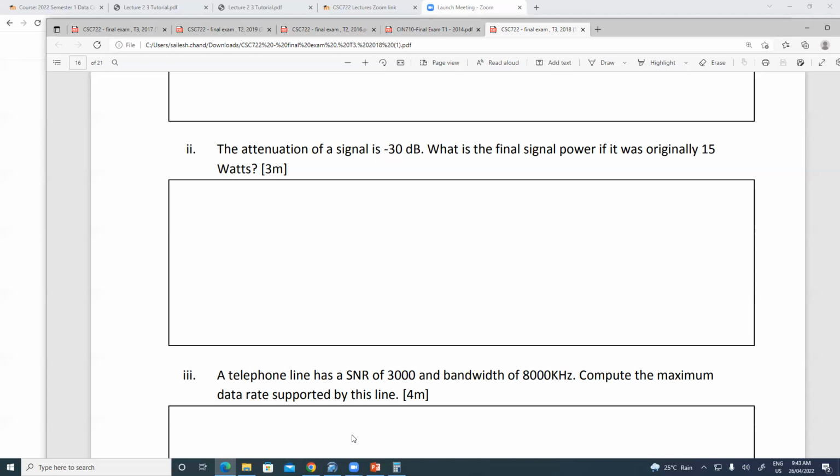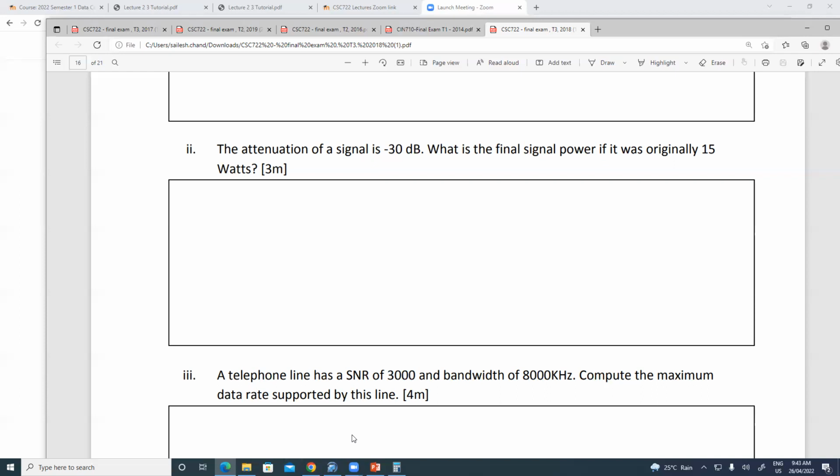Using base index form, we say 10 to the power negative 1 is equal to P2 over 5. And on this side, we get P2.